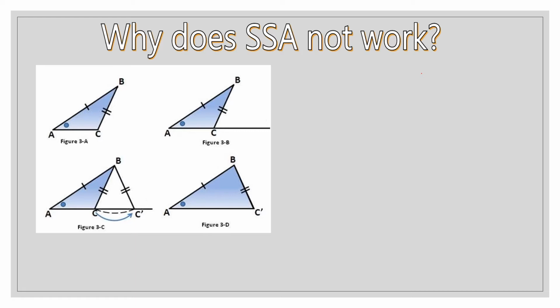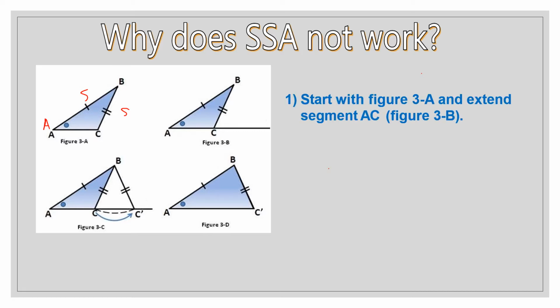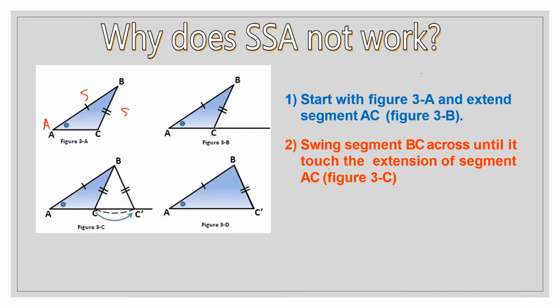The reason is here. Suppose we draw a triangle. The triangle is already made here in which angle, side and side are given. If we produce the line segment AC, you can see in figure 3b what will happen.